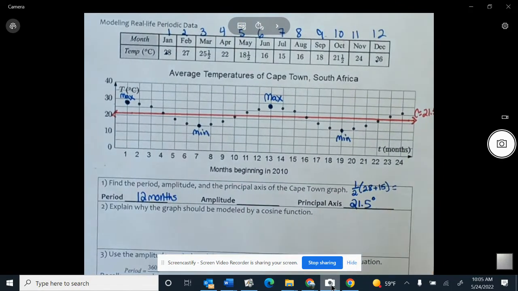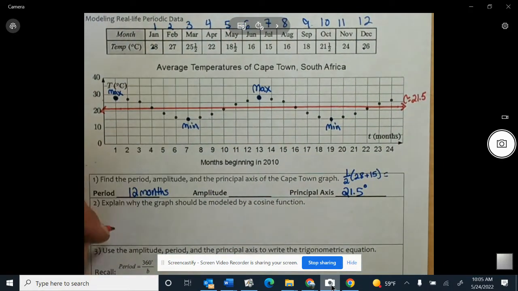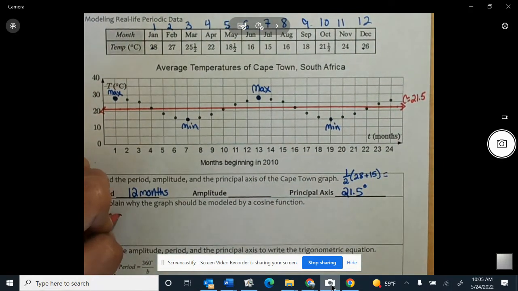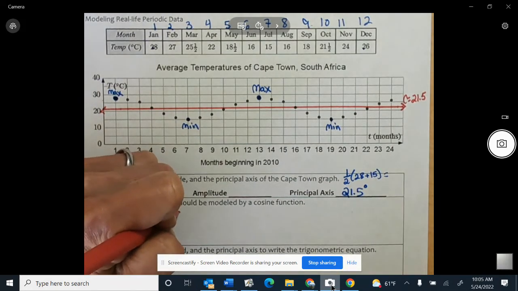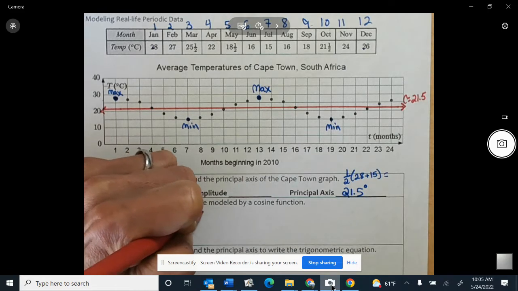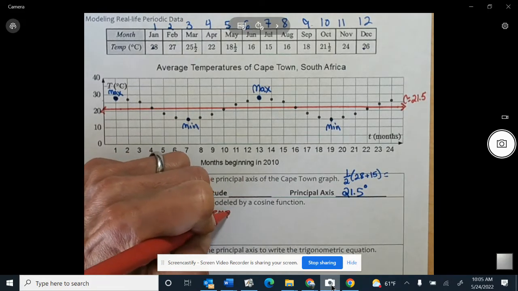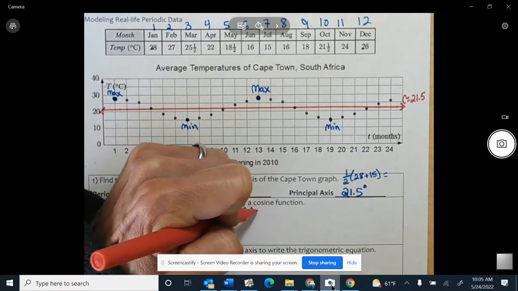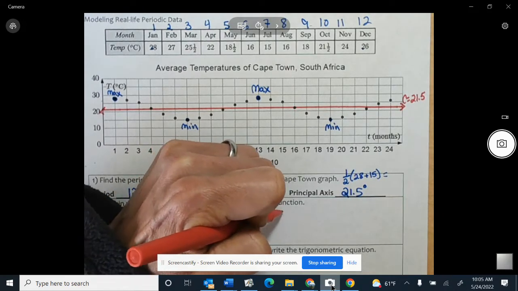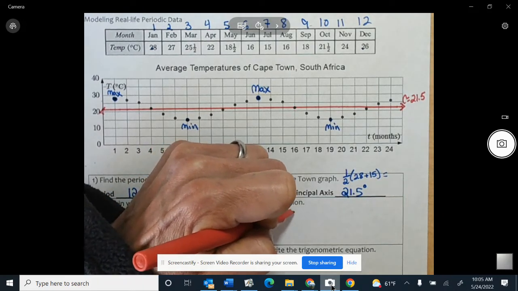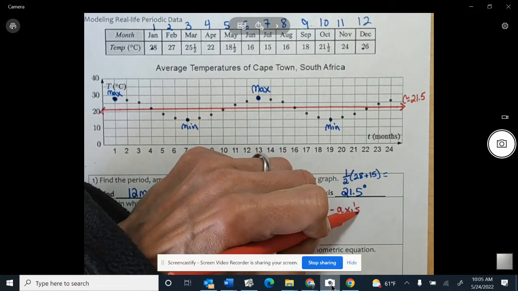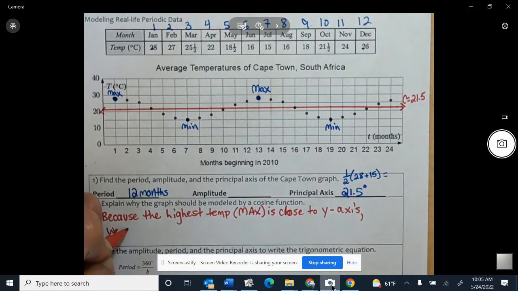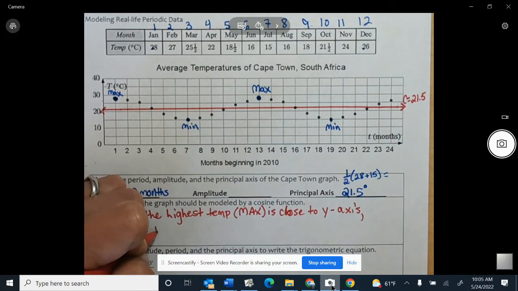Okay, now, because the highest temperature, also known as the max, is close to the y-axis, we will use a cosine.